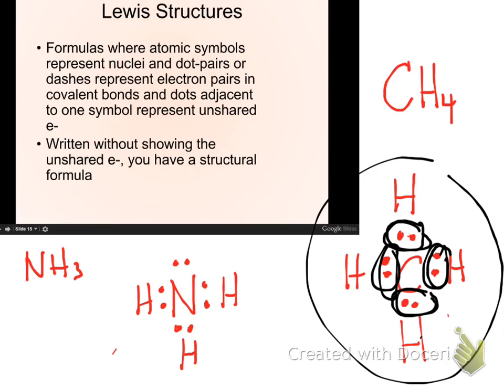Now, the thing I didn't tell you yet about both the methane picture that we drew here and about this nitrogen picture is there's one more step that we usually take with a Lewis diagram, and I'm getting rid of my little black circles.